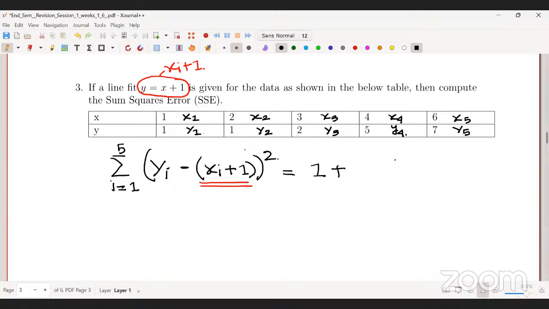So the next one is what? 4. Yes. So the next one is 1 minus 3, and this is minus 2, and if I take the square, then I will get 4, right? Then what about the third one? Again 4. Correct, 4.